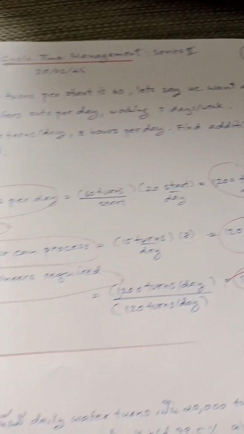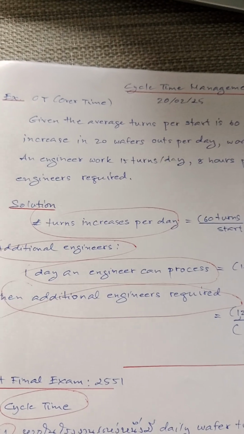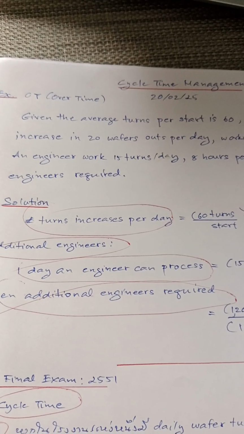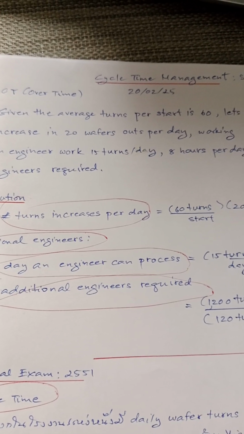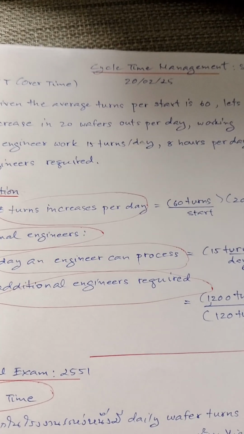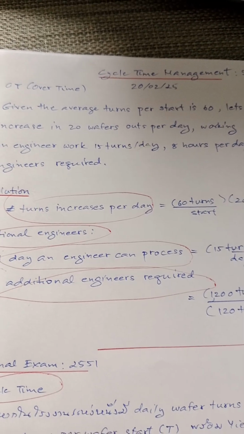Let's say we want an increase of 20 wafers out per day. That's the number of wafers that we want to process more.